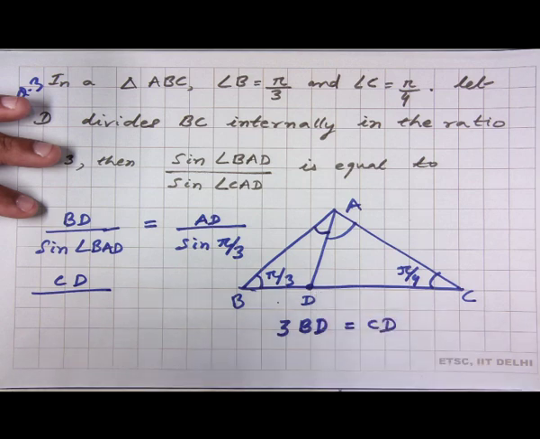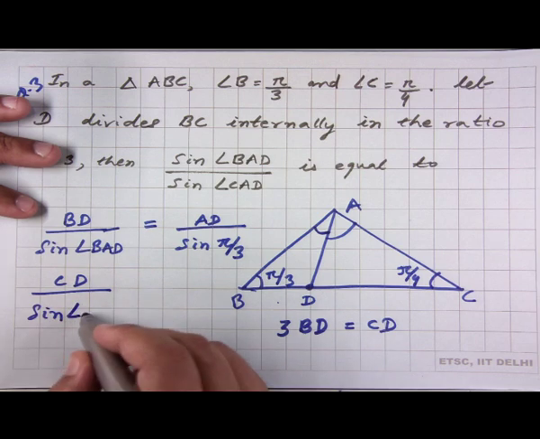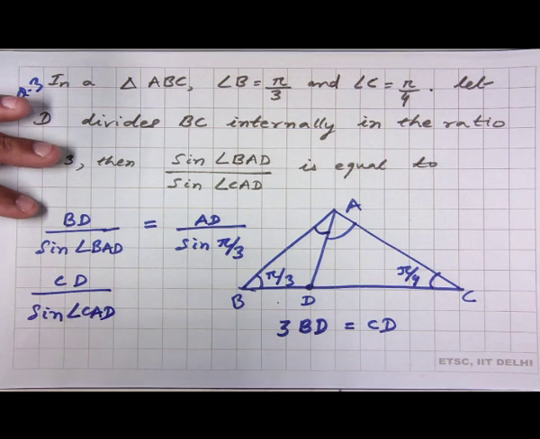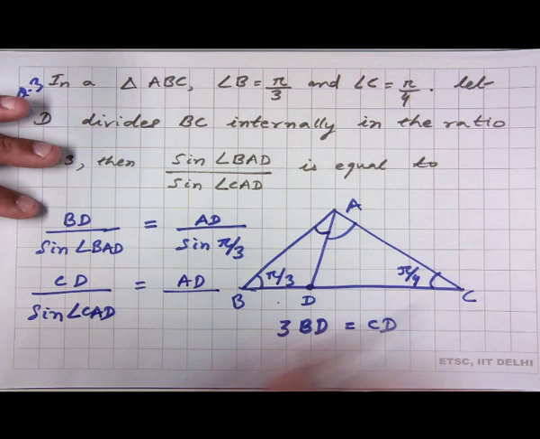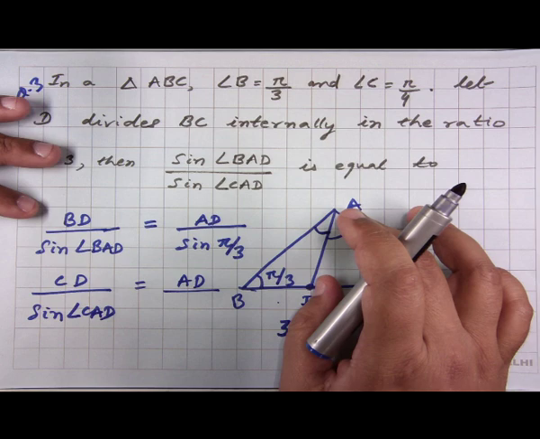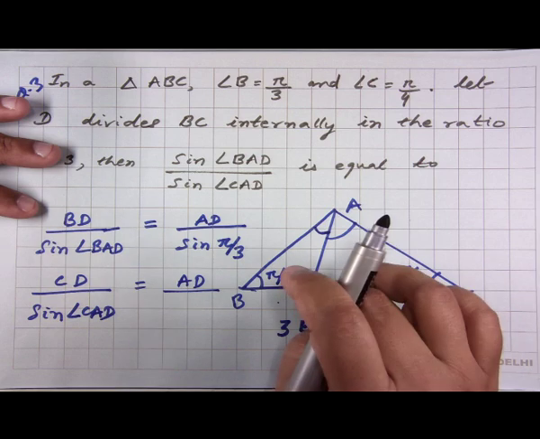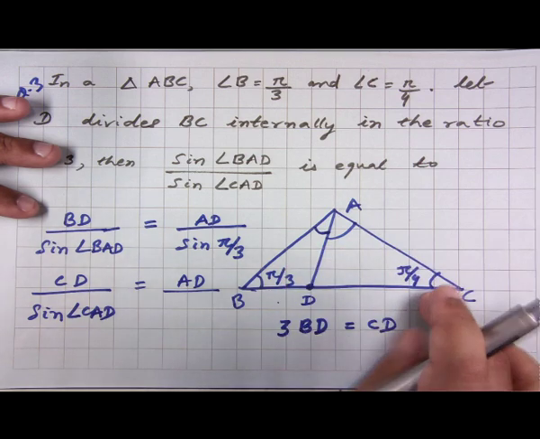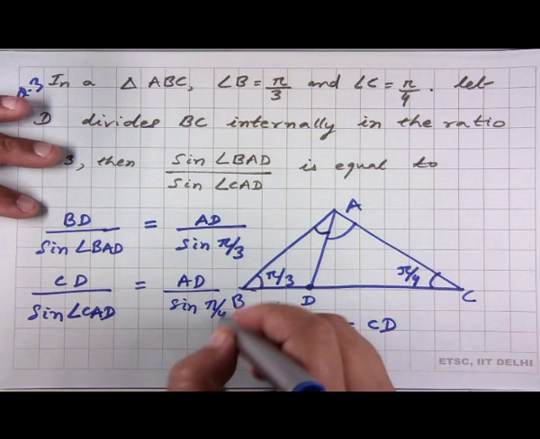So, CD upon sine of angle CAD equals AD upon the sine of the angle which is opposite to the side AD in the triangle ACD, which is pi by 4. So, AD upon sine of pi by 4.